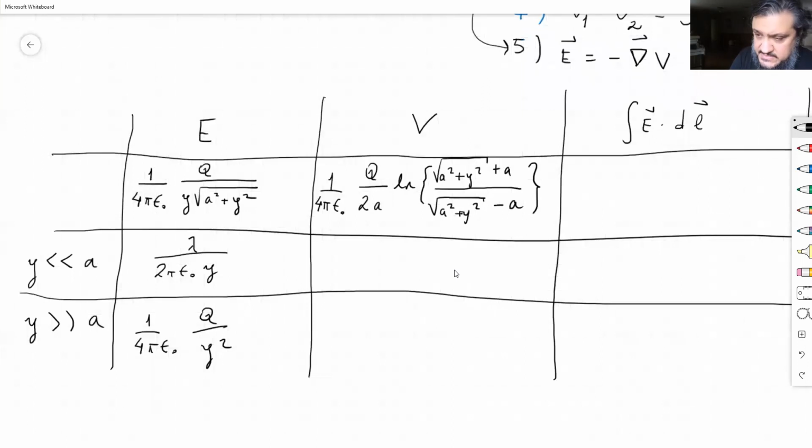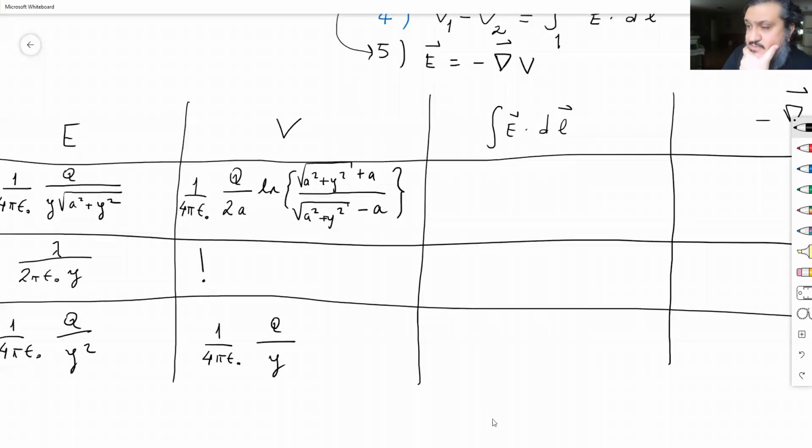So let's put a mark there, but in the other limit, yes, it's simple: 1 over 4 pi epsilon 0 q over y. Okay, so how can we find that limit then? If this doesn't work, maybe this calculation will help us here. The integral of E dot dl. Okay, that's the next item in our list.